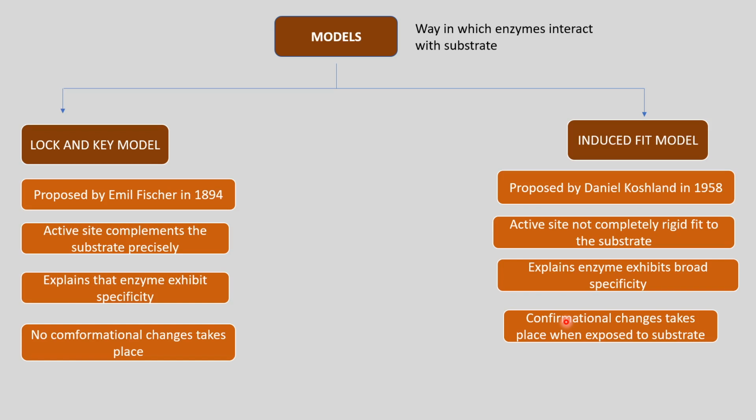As I told, enzymes are proteins, they have tertiary structure. So adjustments take place in the tertiary structure of the enzymes, and this is what is supported by the induced fit model. But the Lock and Key model says that there is no conformational change that is taking place. So let us understand each of these models in a bit more detail.